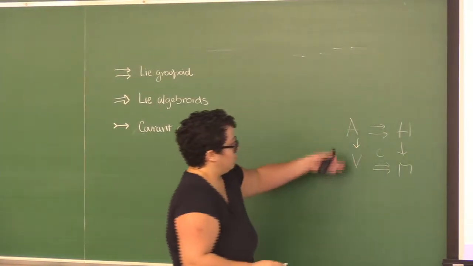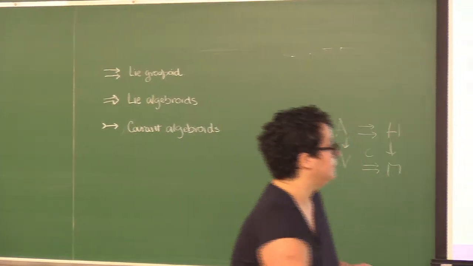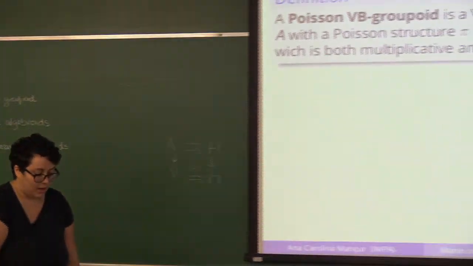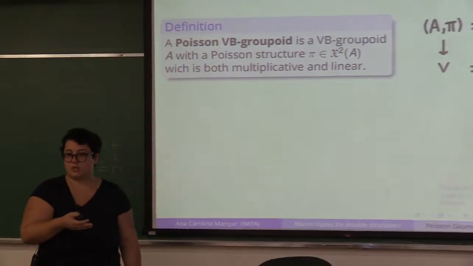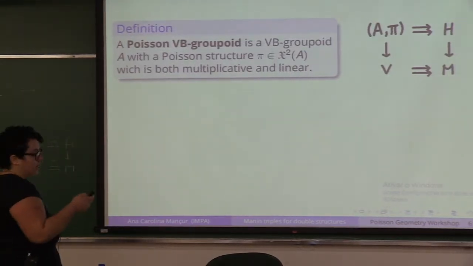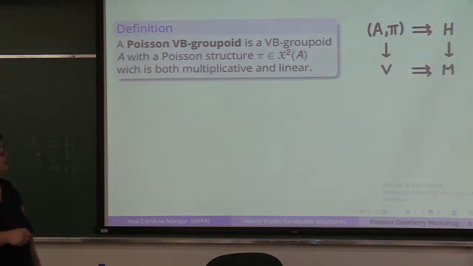We can take the dual in this direction, and you get another VB groupoid. And what if we put a Poisson structure on a VB groupoid? So the compatibility here is that on this side, this is a Poisson groupoid, and on this side, this Poisson structure is linear. So this is the compatibility.